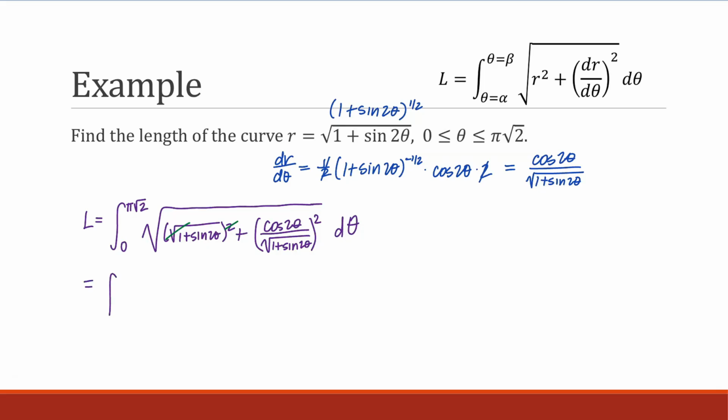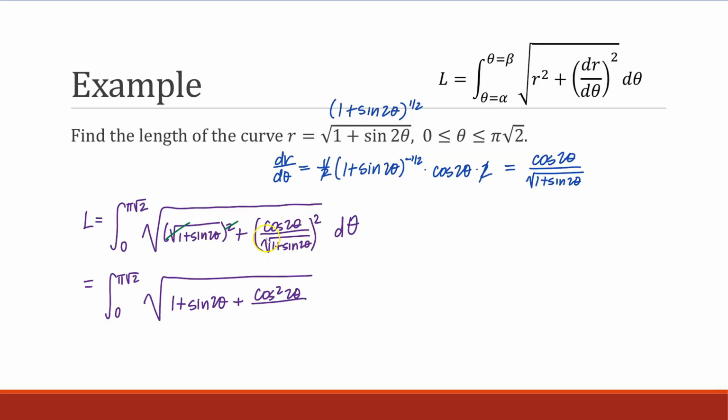and let's start to write out what we're going to have. The integral from 0 to pi times radical 2 of the square root of, we're going to have 1 plus sine of 2 theta plus, now here, cosine 2 theta gets squared, so we'll write that as cosine squared 2 theta.